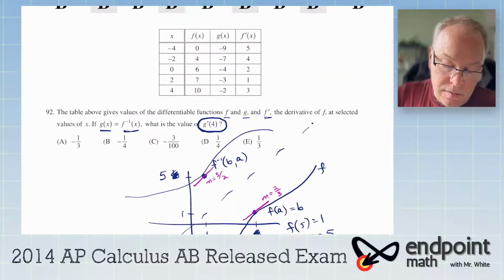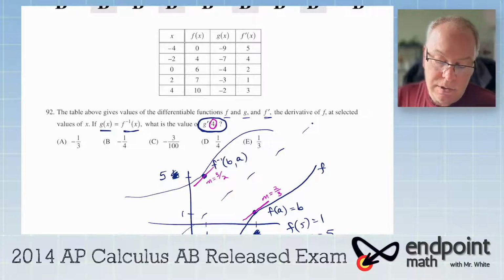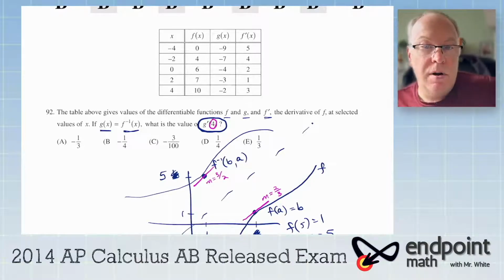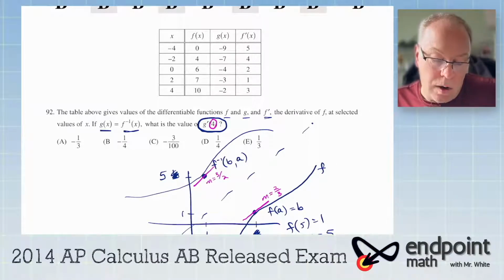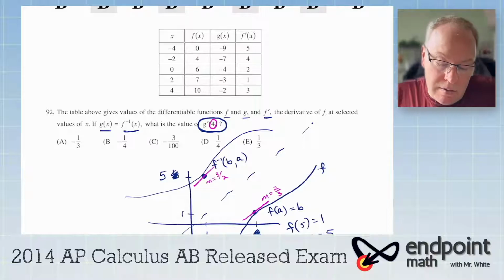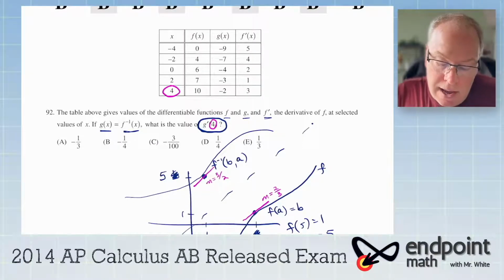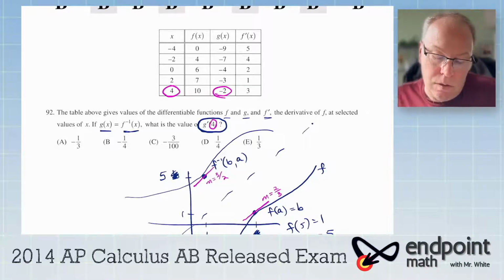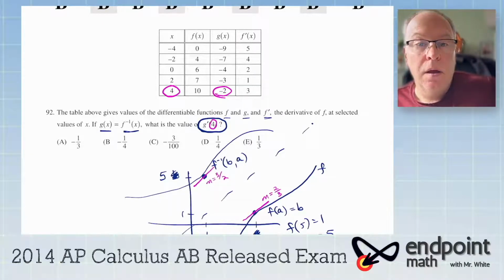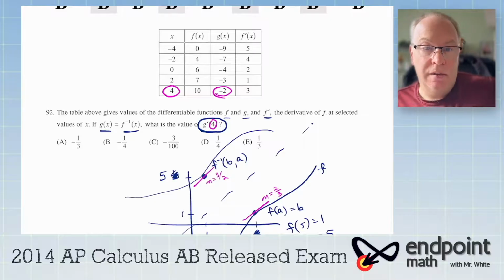They want us to figure out g prime at 4. So I go down here to 4, and I see on G, 4 turns into -2. That's on G. Now remember, G is the inverse.